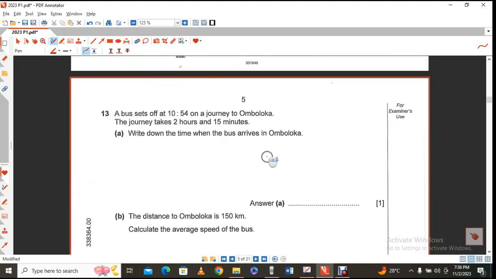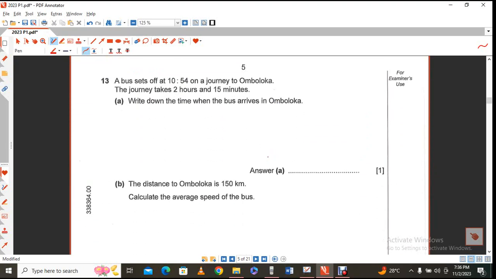That brings me to question 13. Remember, this paper consists of 30 odd questions, so we need to get going. A bus sets off at 6 minutes to 11 on a journey to Omboloka. The journey takes 2 hours and 15 minutes. So if you were departing at 10:54, the journey takes 2 hours and 15 minutes.